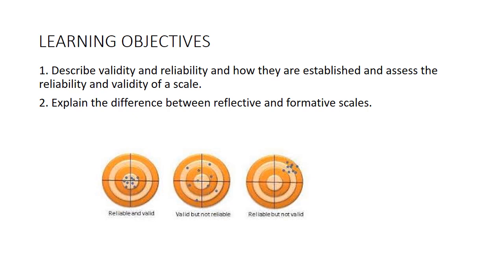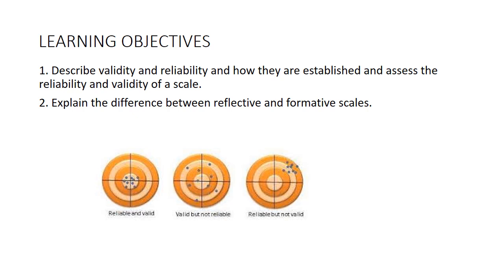When sometimes it is like this, it means your playing is reliable, and over here you see your playing is valid but not reliable. Over here you see you are valid and reliable as well.